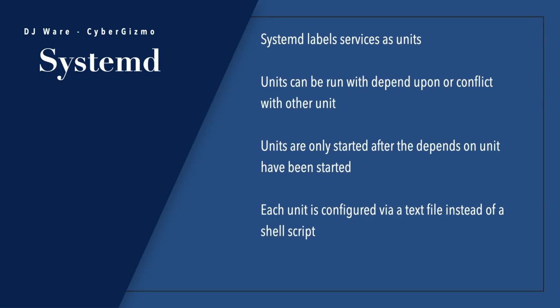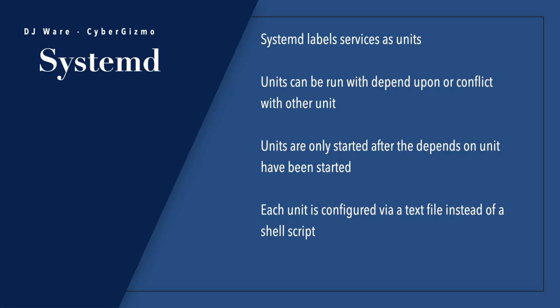So let's talk about systemd a little bit. What is it? Well, it's a system service that runs as PID 1, and it defines services as units. One of the main issues with System V init was it could not separate out different services. It was either you started them all up under run level 3 or you didn't.